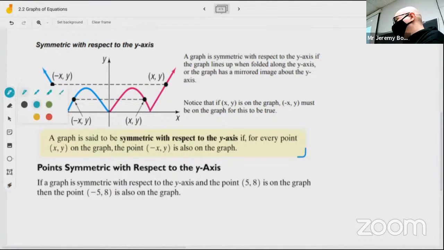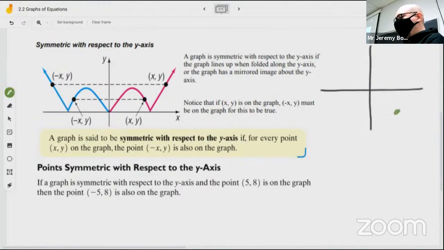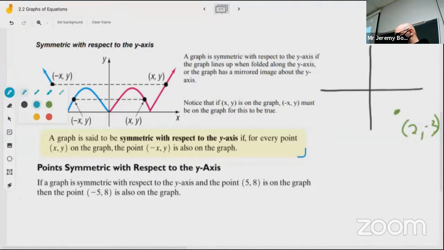So if you have the point, let's do one now. Say 2, -3. What other point do you need to be on that graph for it to be symmetric to the y-axis, or symmetric with respect to the y-axis? -2, 3.